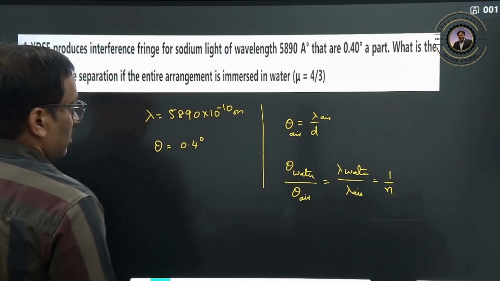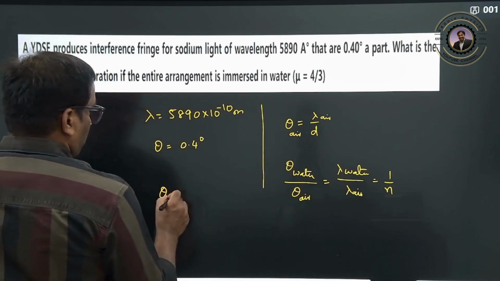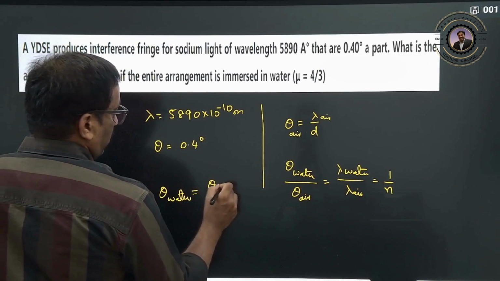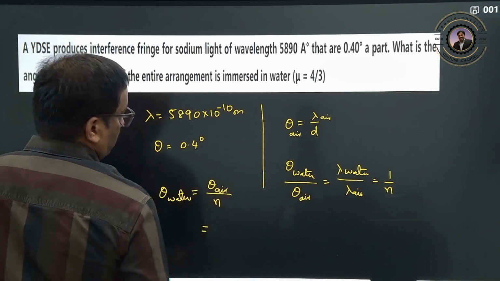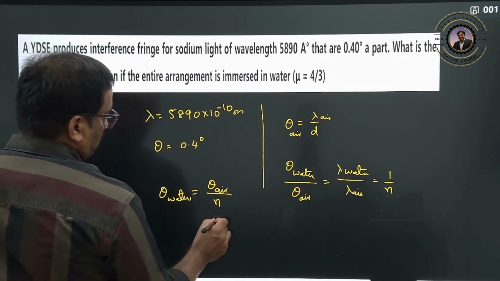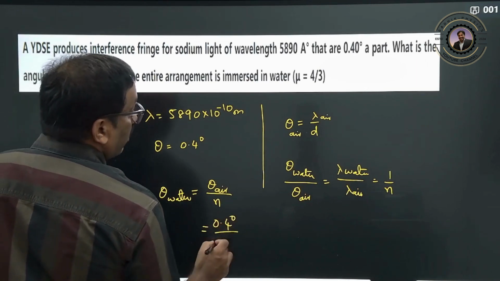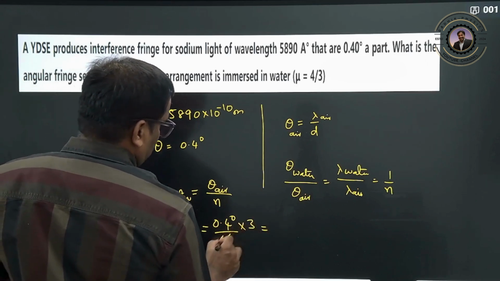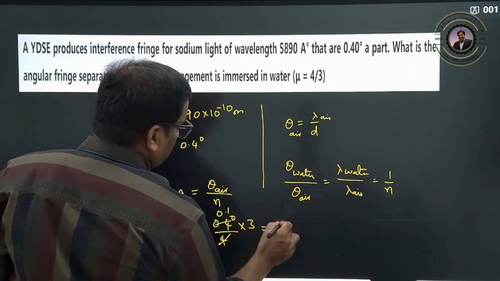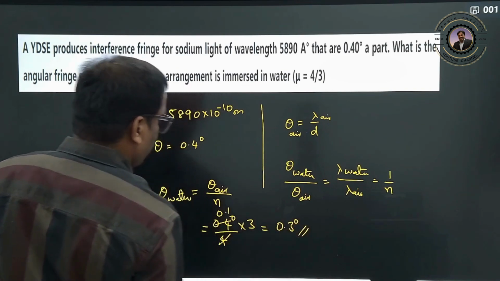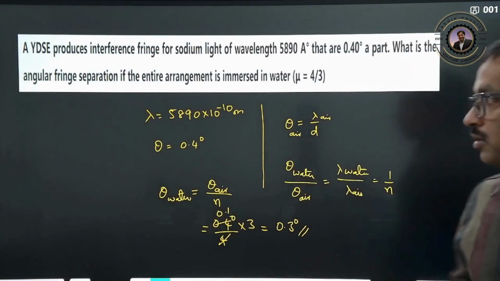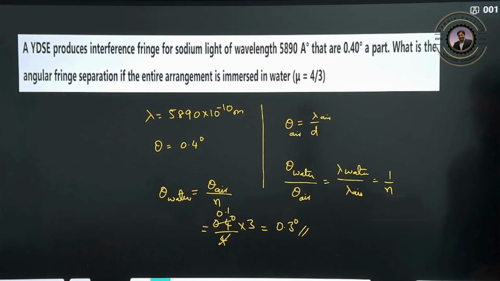Clear? So theta in water can be written as theta in air divided by the refractive index. Theta in air is 0.4 degree divided by 4 by 3, so 0.3 degree will be your answer. Clear? So simple one.